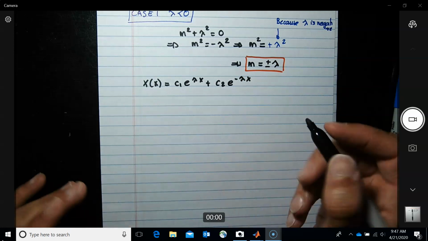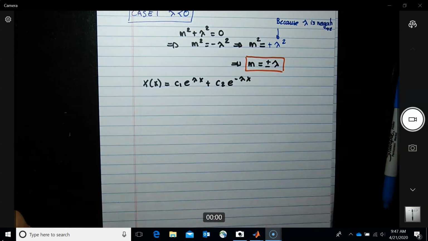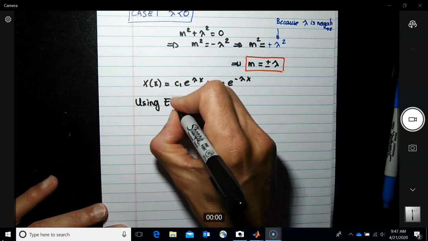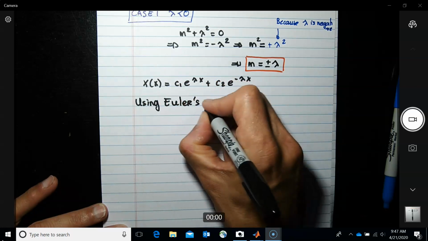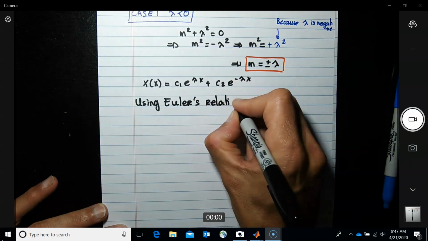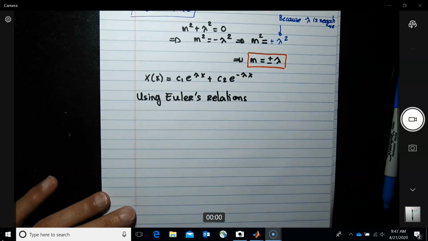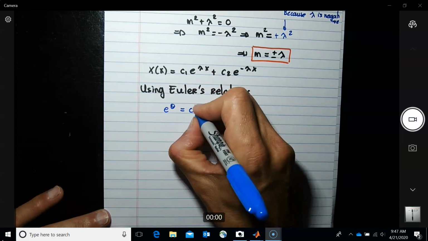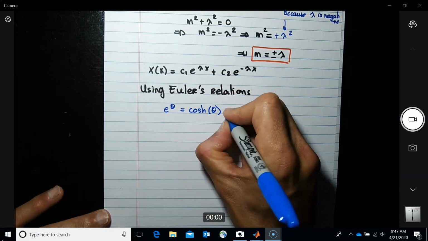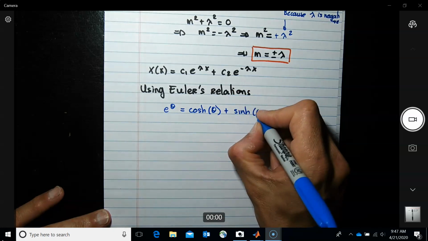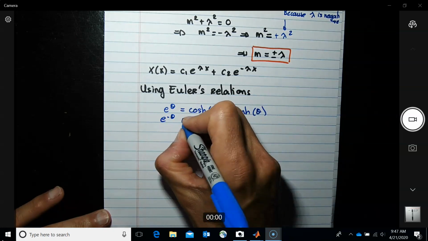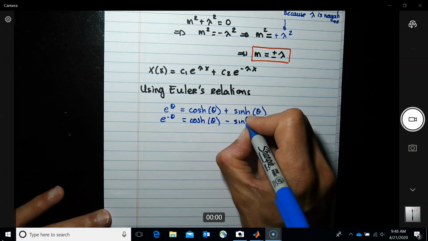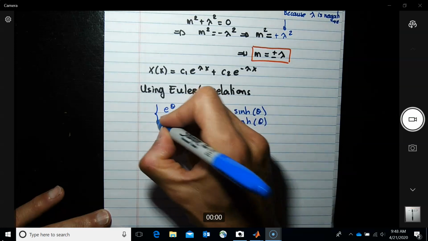Okay, so now we go through some algebra using Euler's relations, which say that e to the theta equals cosh theta plus sinh theta, and e to the minus theta equals cosh theta minus sinh theta.